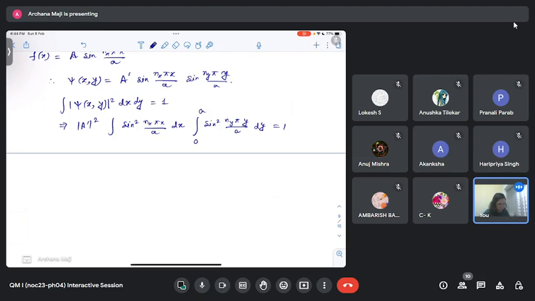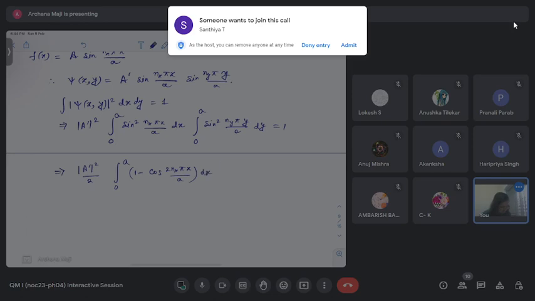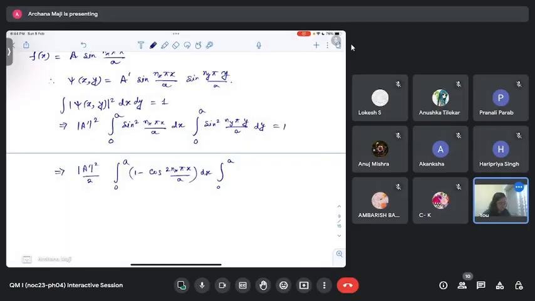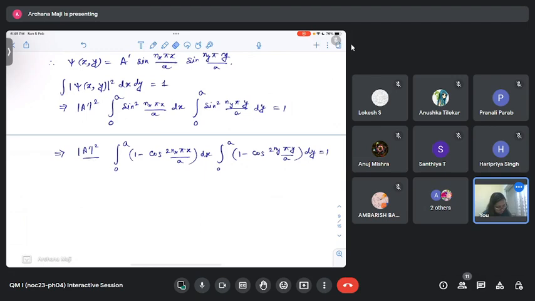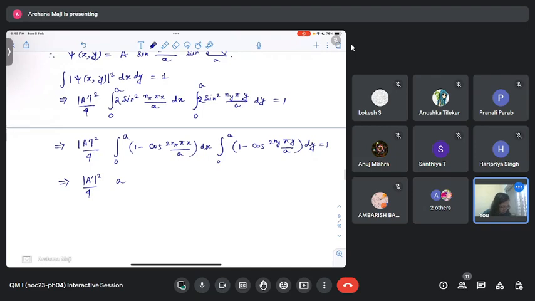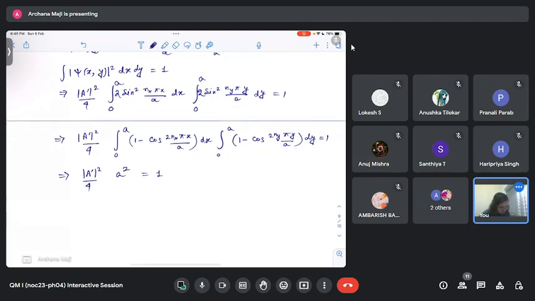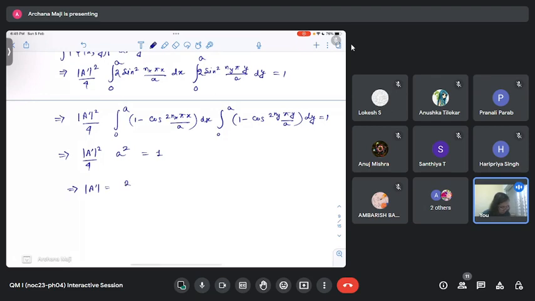Both ranges from 0 to a. So from that term you get a, and from this integration you get a, and from this integration as well you will get another a.